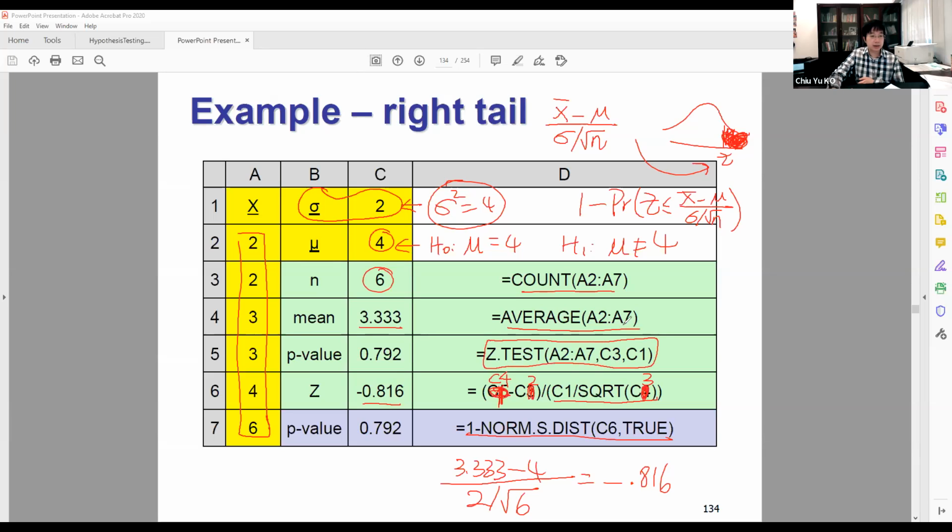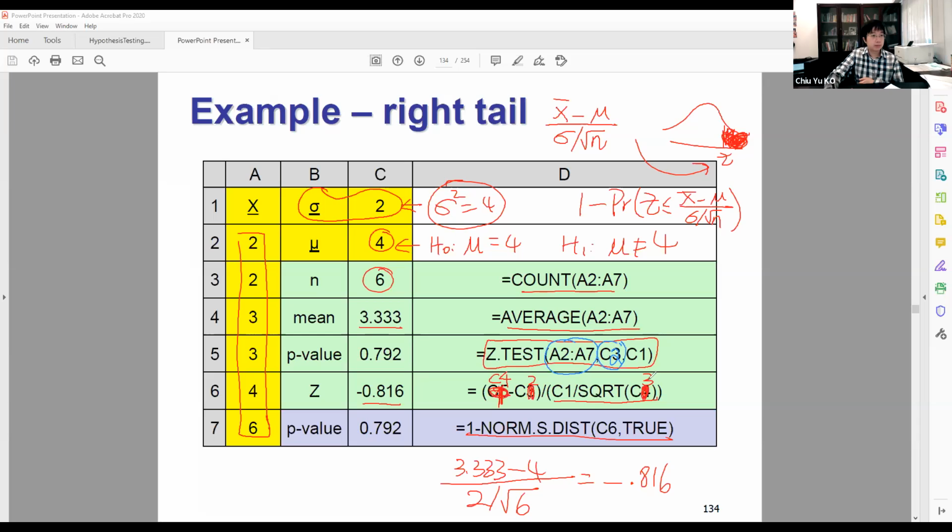Here in the tags, we directly plug in the data, which is A2 to A7. And then you tell them the mu, which is C2, sorry, this will be 2.